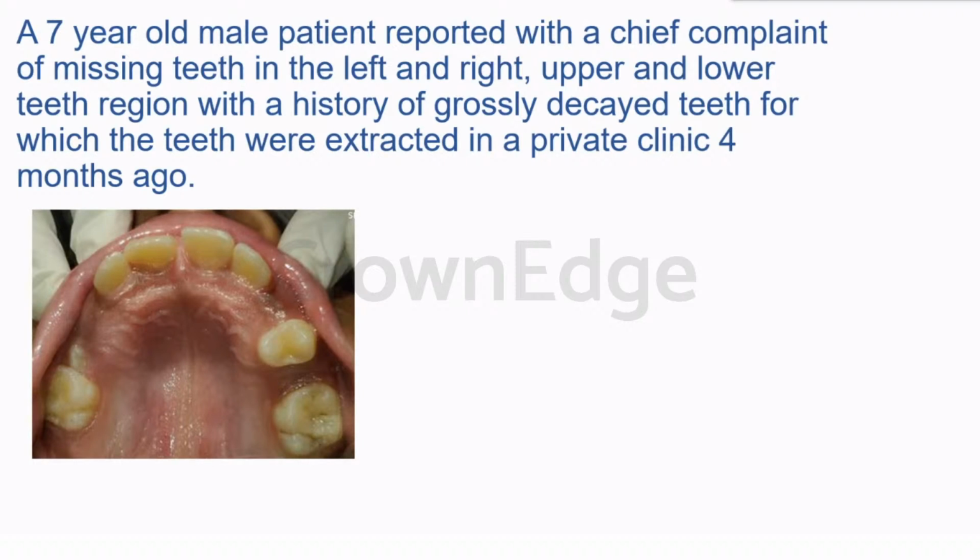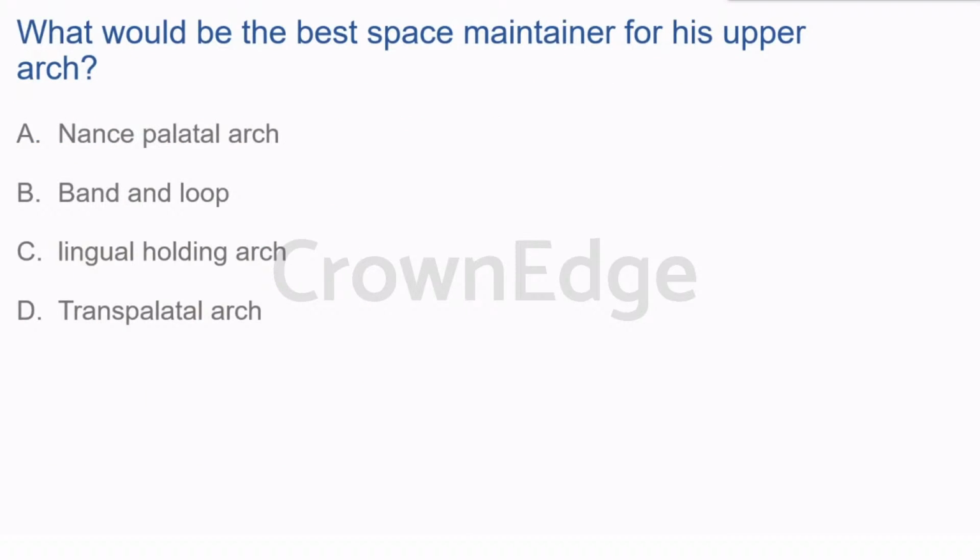What are the space maintainers that you know for an upper arch? Can we just give only a band and loop, or should we give anything else? Our options here are option A, Nance palatal arch, option B, transpalatal arch, option C, lingual holding arch, option D, band and loop. What would be the ideal one?